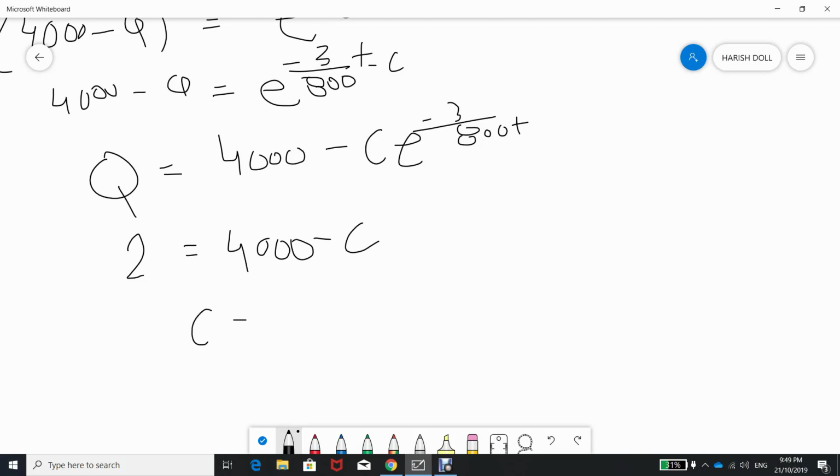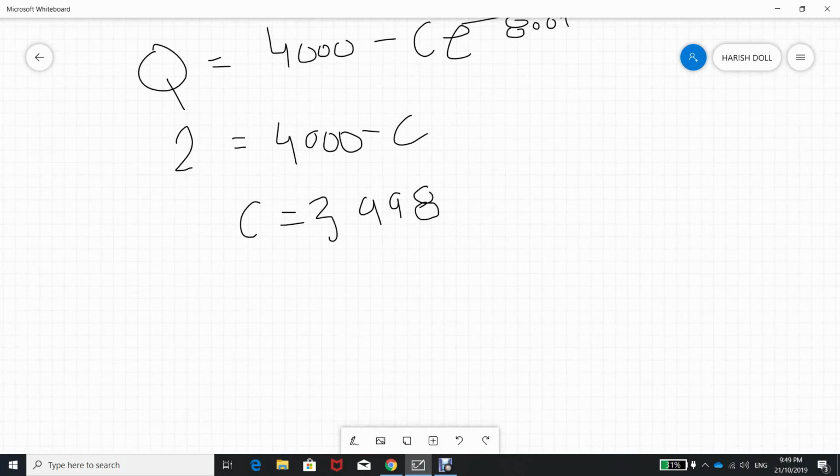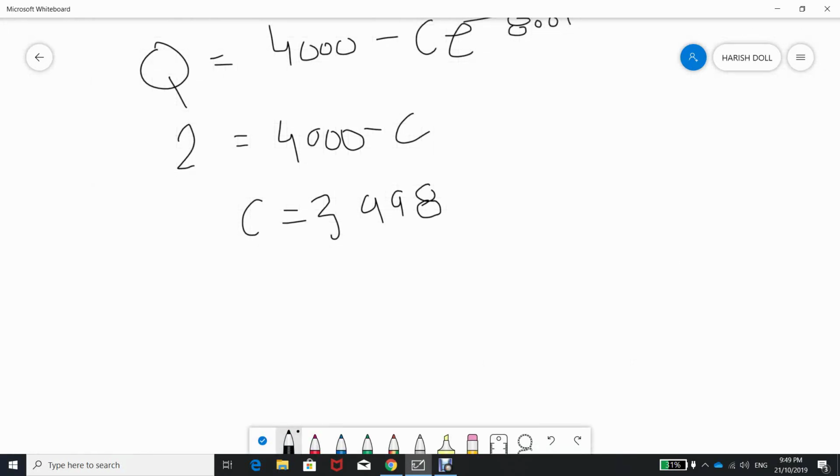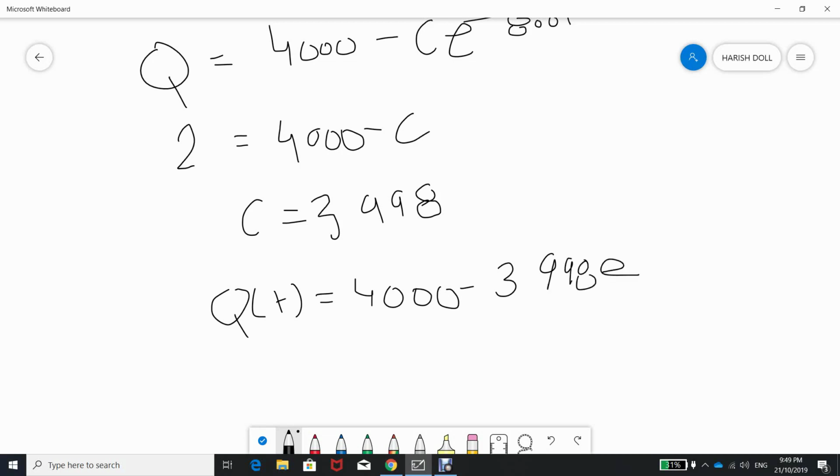So c is equivalent to 3,998. And now we've found the value of c, and this is the amount of pollution present at any given moment of time in the question above.